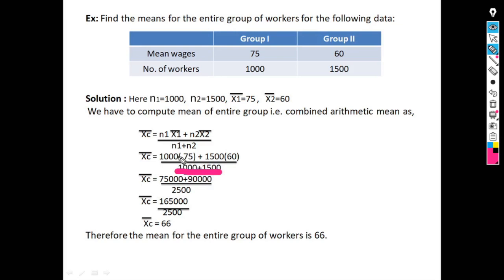Therefore, xc bar is equal to 1000 into 75 is 75,000. Similarly, 1500 into 60 is 90,000. Divided by 1000 plus 1500, 2500. Therefore, xc bar is equal to 66, which means the combined arithmetic mean for the two groups is 66.